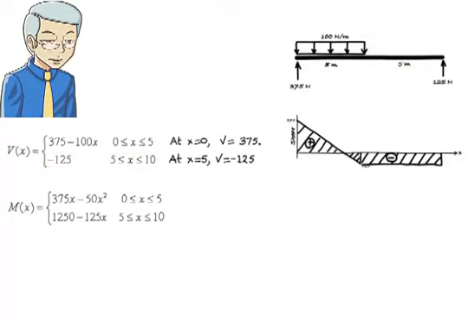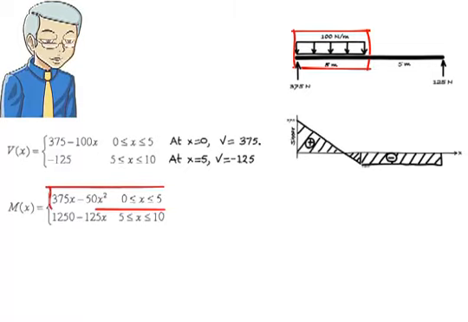We can graph the moment equation in a similar manner. For the first segment of the beam, where x is between 0 and 5, the moment equation is quadratic. Therefore we need more than 2 points to graph it. I'm going to use 3 points for generating the graph, the segment's endpoints and the point where moment is maximum. How do we determine the point of maximum?